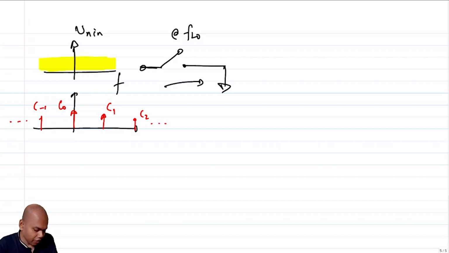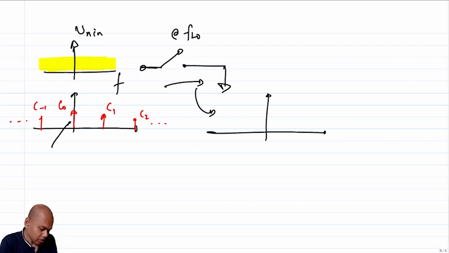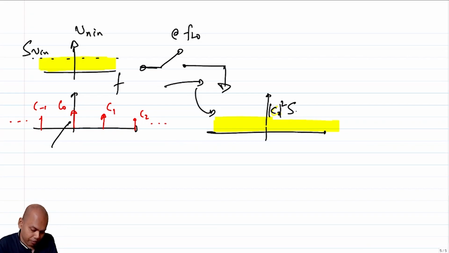Okay. So if we only had C naught, what would have happened to the spectrum, to the short circuit current? If we only had C naught, then the output would have been C naught, or the mod of C naught squared, times the spectral density of the input, correct?